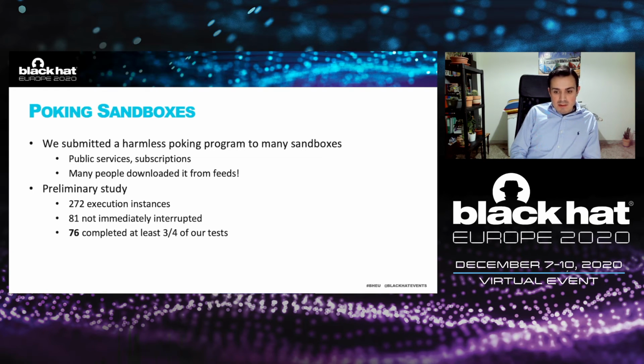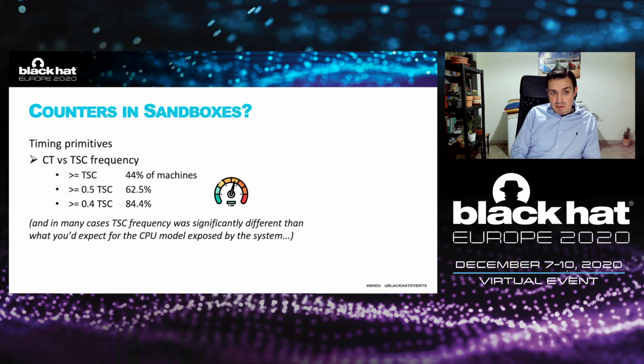Let's see in detail. First of all, let's see how it went with the counter thread resolution. We observed that for nearly half of the machines, we had a timestamp counter that was slower than the counter thread, which was good. But in the other half, we didn't get a faster clock, but it was still a pretty good clock.